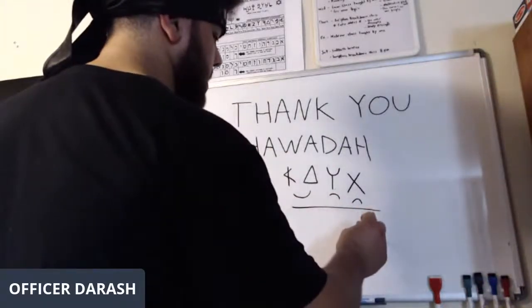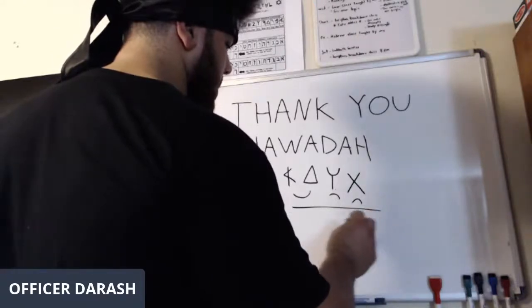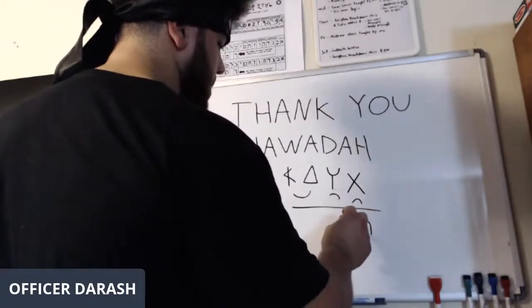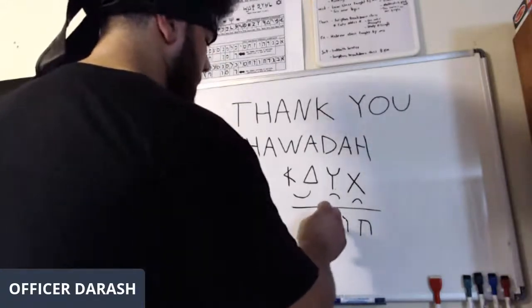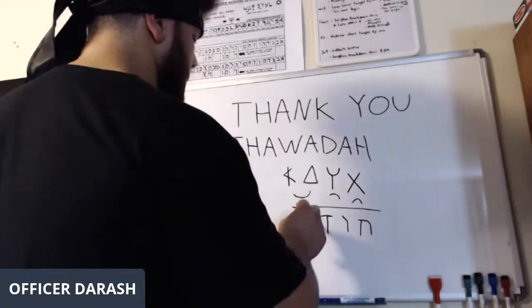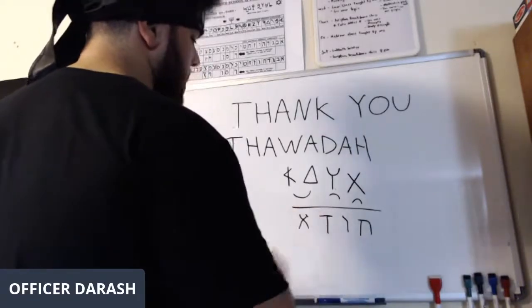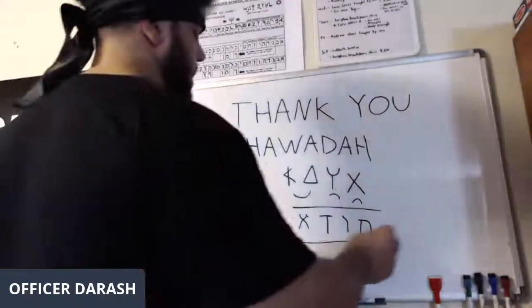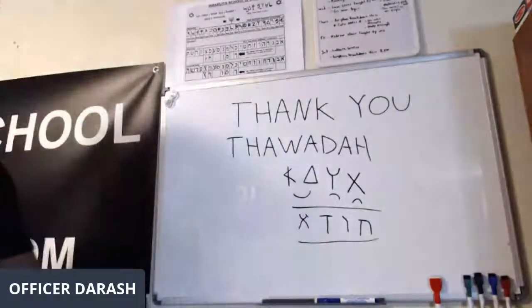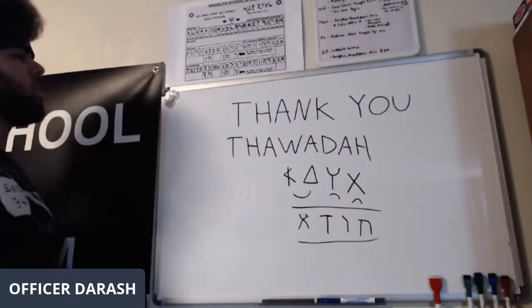In the Assyrian, it looks like this. Da. Wa. Da. They don't even say that. They say Toda. They just bastardize the true language.